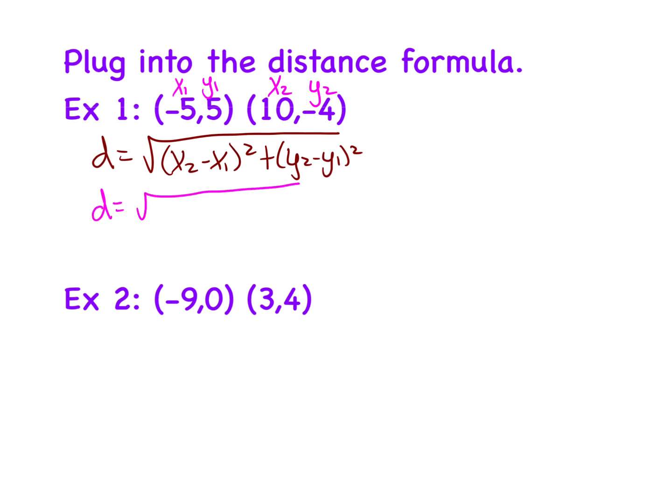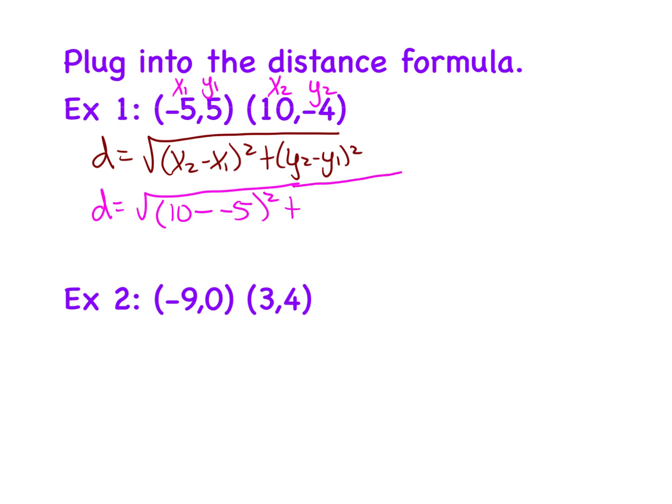Distance is equal to, when I look at the x2, because right here I'm just going to plug in x2, I go up here, my x2 is 10. So that's going to be 10. Bring that minus down, minus. Now I have to plug in for the x1. I go up here, my x1 was -5. So 10 minus -5, bring the square down, plus.